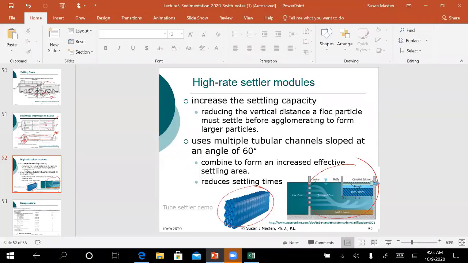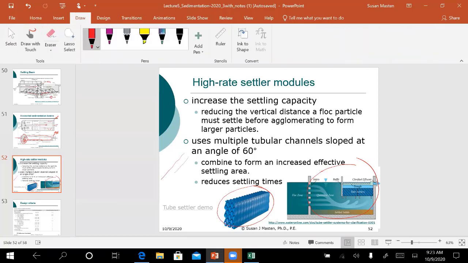So what just happened there? We've got a tube settler here, and on the other hand, this is the other tube. Did it reduce the effect of the buoyancy force from the water? Doesn't affect the buoyancy force because it's the exact same material. Think about this. Here's my particle entering here.